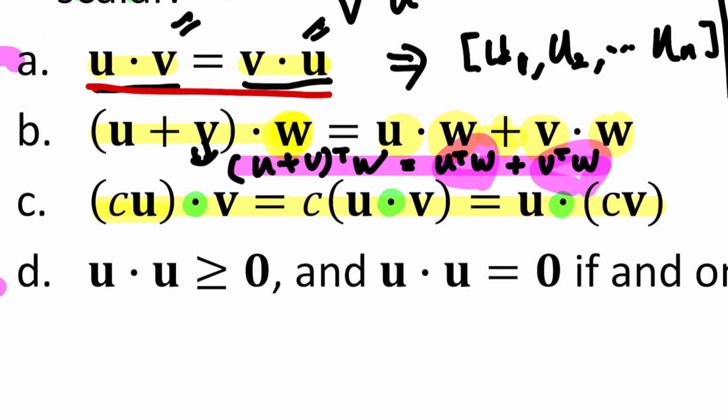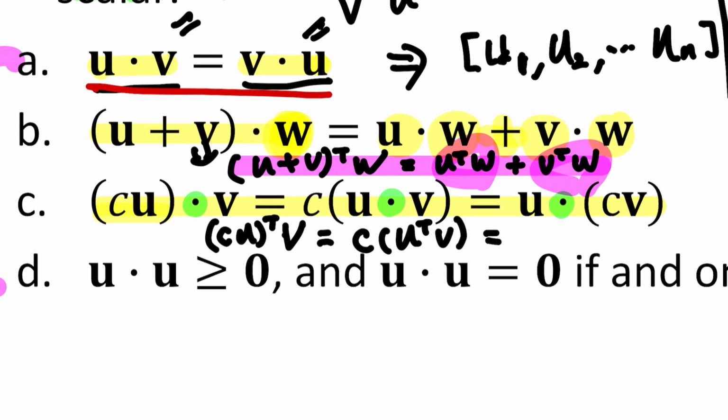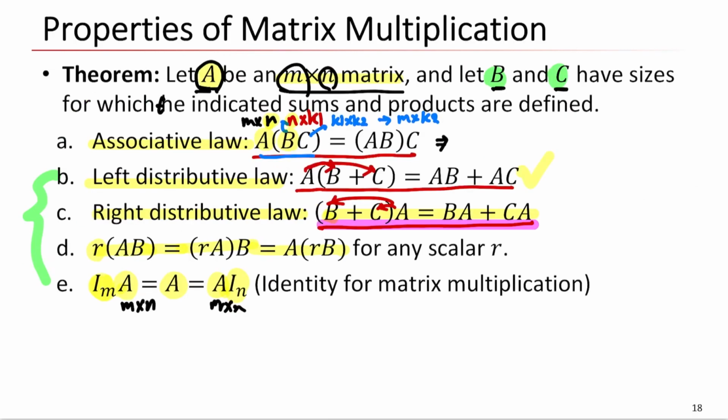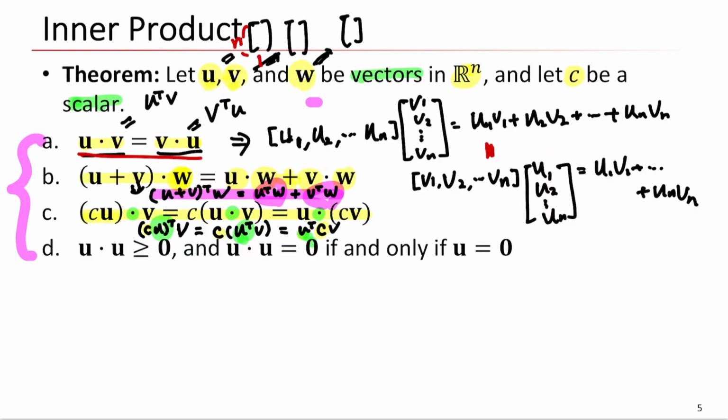Because this one is equal to (cu) transpose v, which is equal to c u transpose v, and u transpose of cv, right? Because c is a scalar value here, right? And matrix transpose is also just a matrix operation, right? So it just follows this property, so we can prove this one.